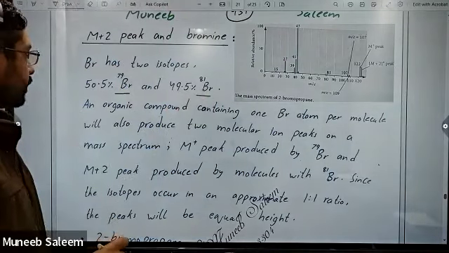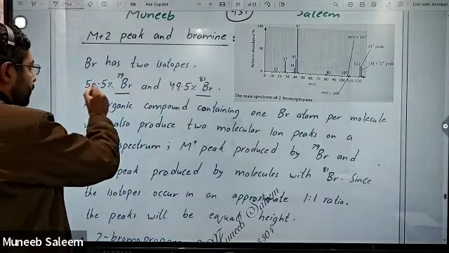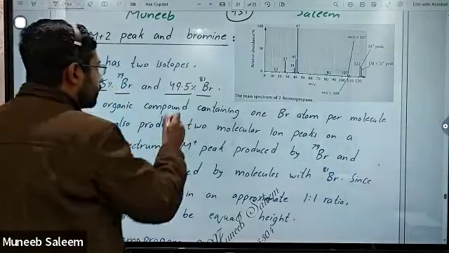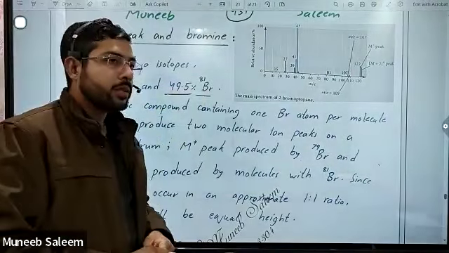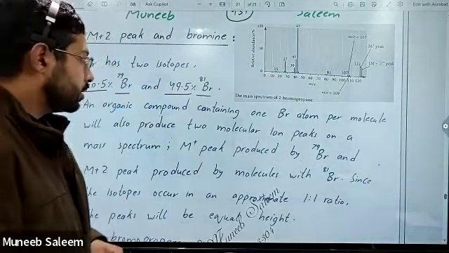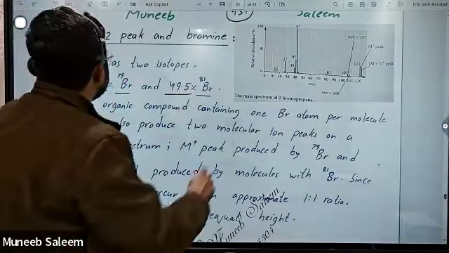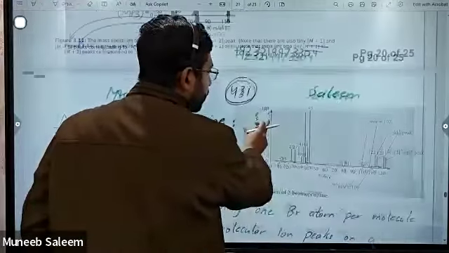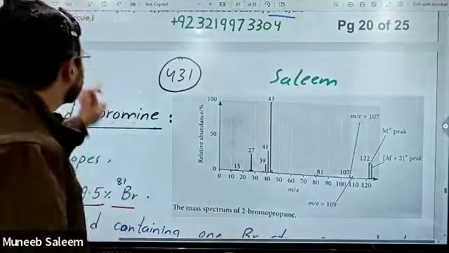And fortunately, they are both of almost similar intensities, 50.5% and 49.5%. They are almost the same intensity or the same abundance in nature. So what you will have here, you will see that when a spectrum is given for such a compound in which there is a presence of only one bromine atom.